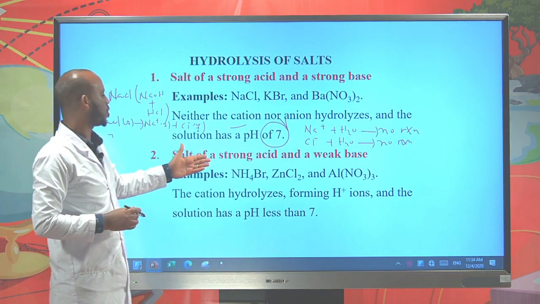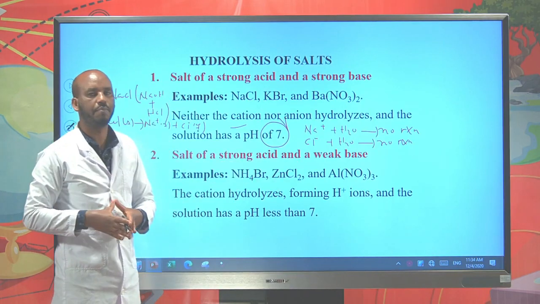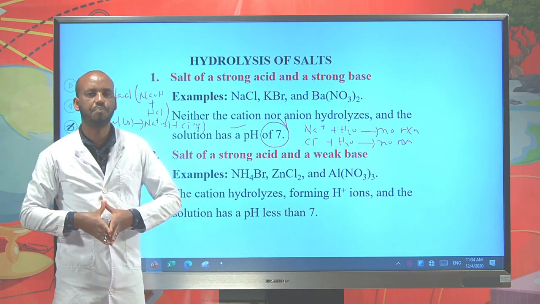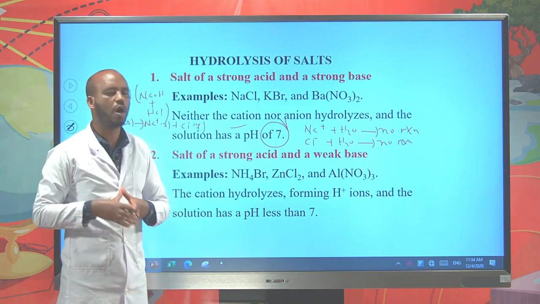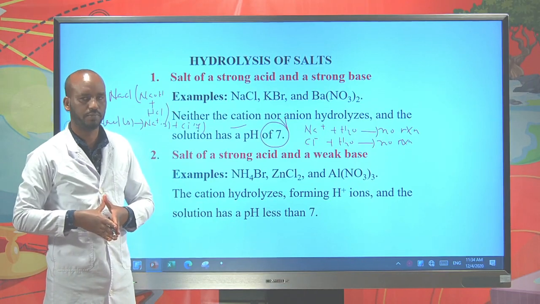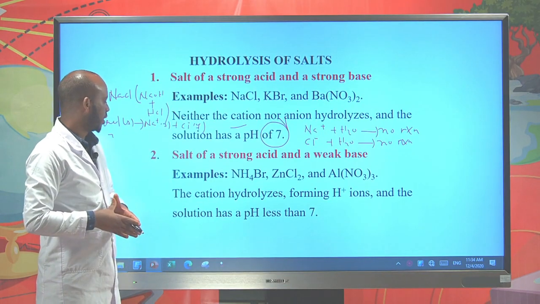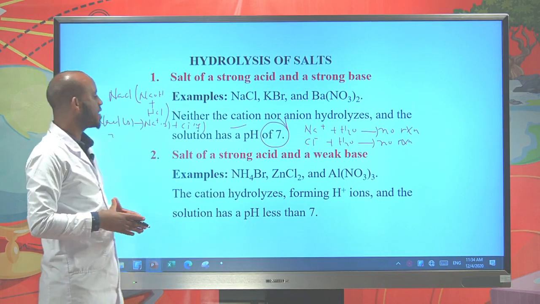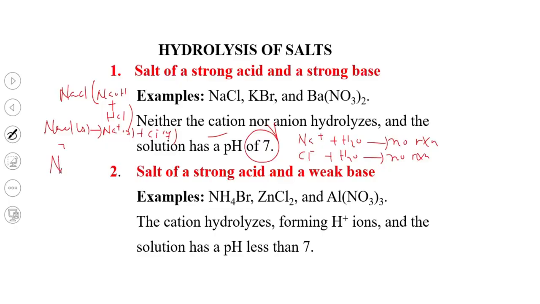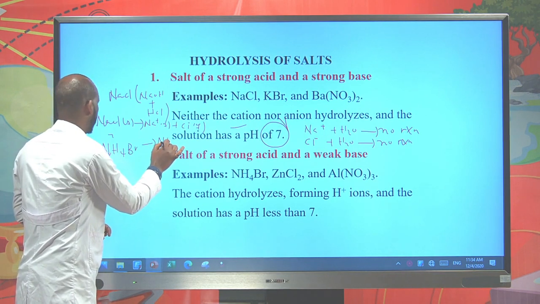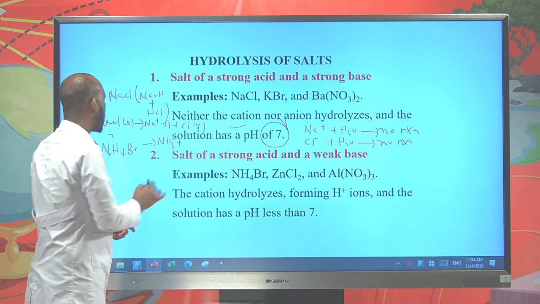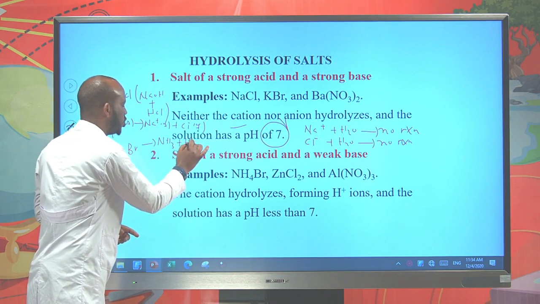2. Salts of a strong acid and a weak base. What happens to the pH of the solution if a salt derived from a strong acid and a weak base dissolves in water? Consider this salt: ammonium bromide, NH4Br. This is a salt derived from the weak base ammonia and the strong acid hydrobromic acid, HBr.